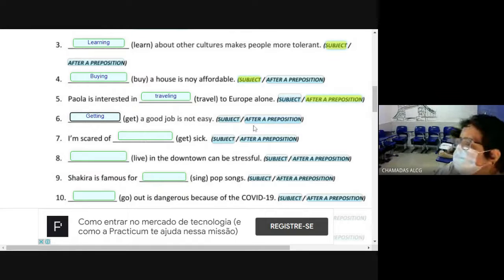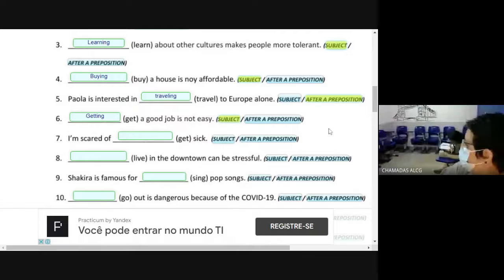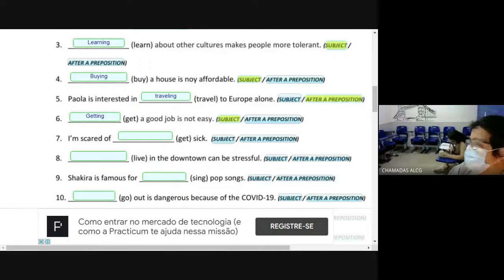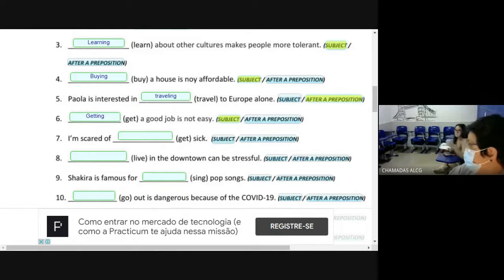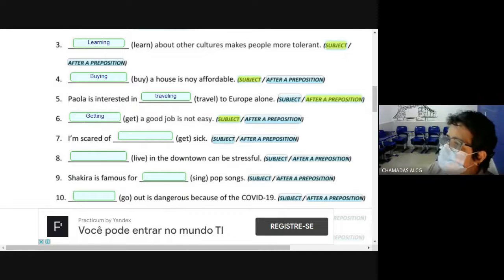Subject or after preposition. Is it true that some natives will speak the gerund like getting? Yeah, exactly. Okay, getting a good job. Sometimes they omit the final part and they go like getting a good job and they link.